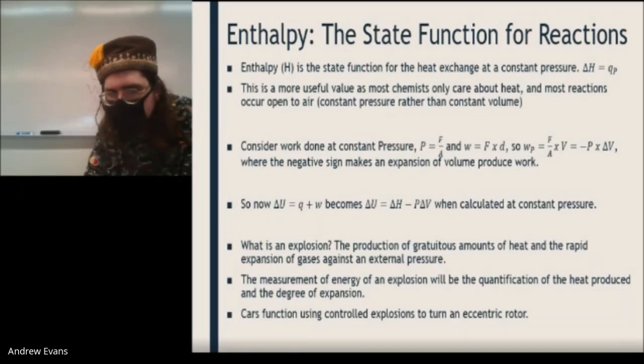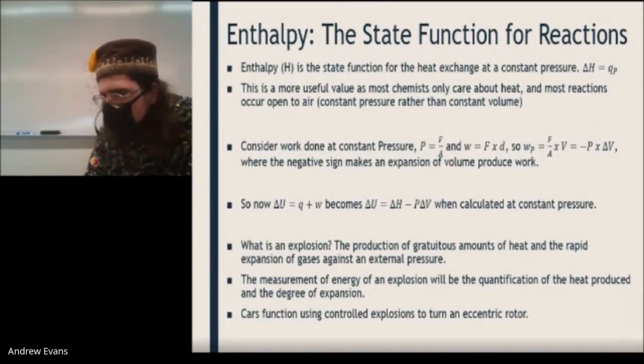An explosion is the production of gratuitous amounts of heat, or enthalpy, and a rapid expansion of gases against the external pressure. It explodes outwards, pushing something with it. Now, the measurement of an energy of explosion will be the quantification of this heat that is produced and what degree of expansion we have.